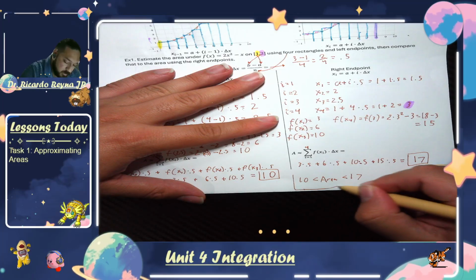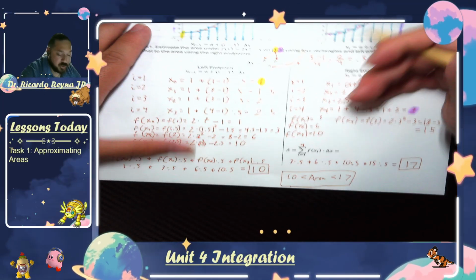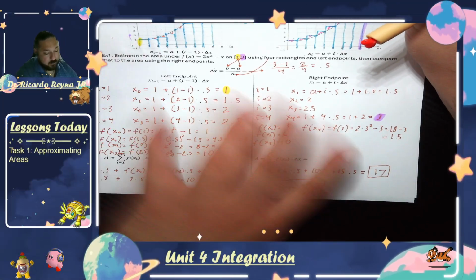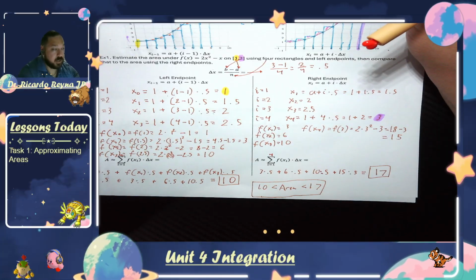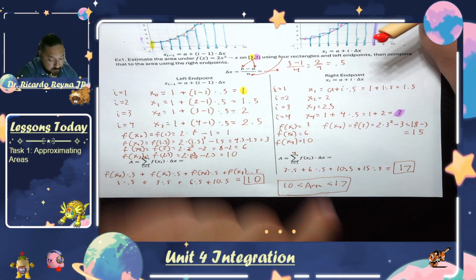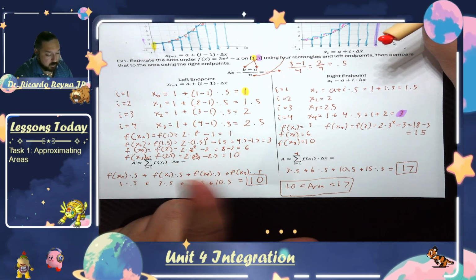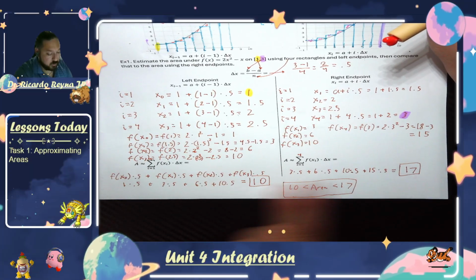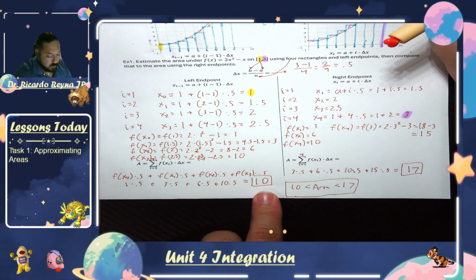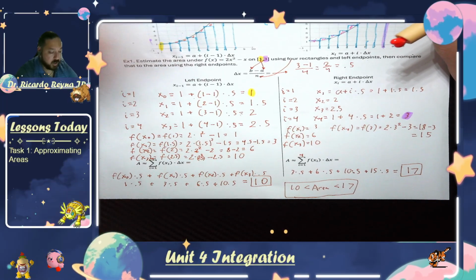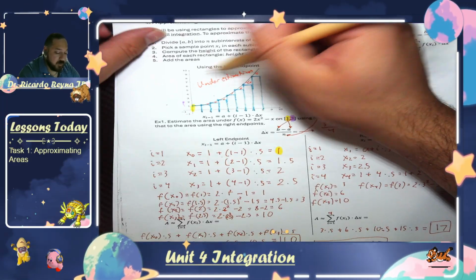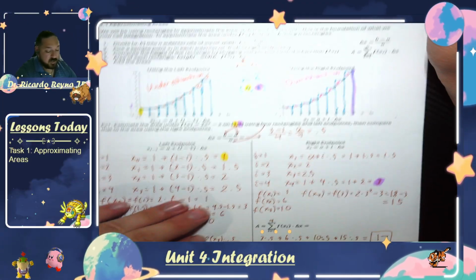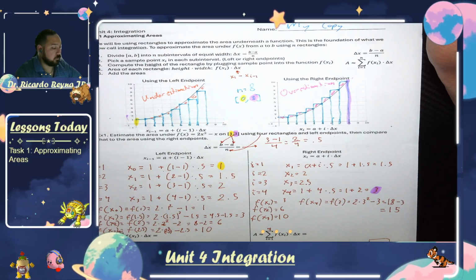These are approximations which have their own validity, technically, but if we're going to be technical about that, then we have to include the fact that while these are valid answers, the true area is just in between these. And we say this is less and this is more because using the left endpoint provides us with the underestimation. Using a right endpoint provides us with an overestimation.